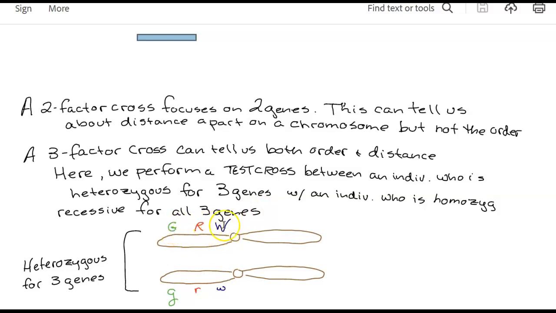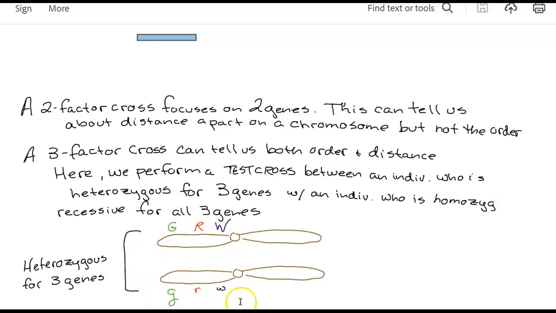On this chromosome, you see the homozygous dominant versions of those genes, whereas over here are the homozygous recessive versions. And so this would be an individual that is heterozygous for these particular genes: big G, big R, big W, little w.